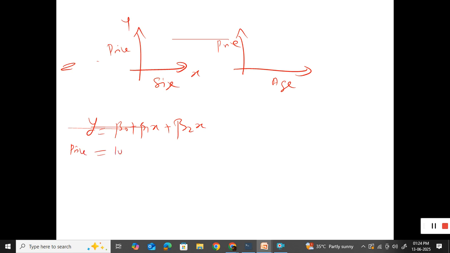Beta naught is already computed by my model. Beta 1 is 6, and this is x1 and x2, sorry. X1 in this case is square feet, say 500 square feet, and plus beta 2 is 3 into x2, which is the age of the house. For example, the age of the house is 5.